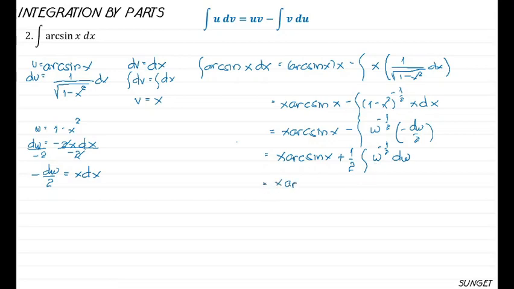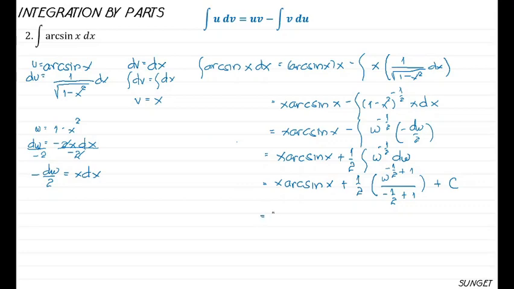So x arcsin x plus 1 half times w raised to negative 1 half plus 1 over negative 1 half plus 1 plus c.